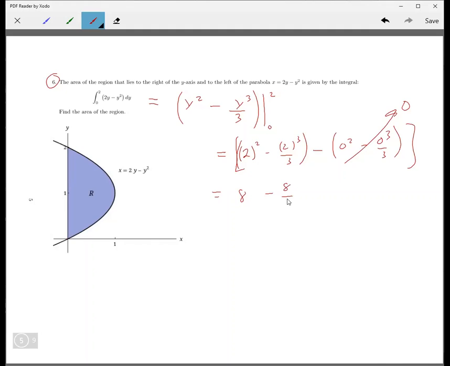So 8 minus 8/3, or let's see, if you multiply this by 3 over 3, then you get 24/3 minus 8/3. That's going to be 16/3. And so that's what there is. It's 16/3. Wait a minute. I got 4/3 for the answer.